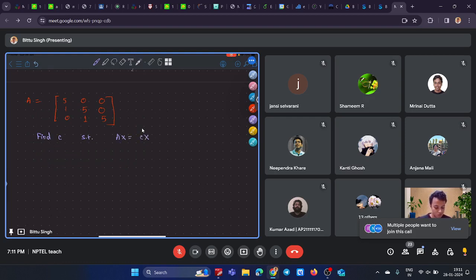Okay. So c is a scalar, c belongs to R, a real number. And what is x? X is the column matrix, something like this: x1, x2, x3. You need to find this x such that this equation is satisfied. Okay. So let us try to solve.